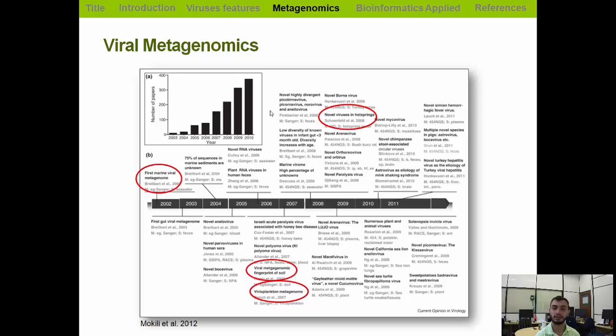They are publishing a lot of viral metagenomics papers. You can see here in this graph the number of papers and how they are growing. And new viruses, new enzymes from viruses, and new proteins are being found because of these works, because you are doing more studies, trying to assess the unknown, and this is allowing us to find these new things.